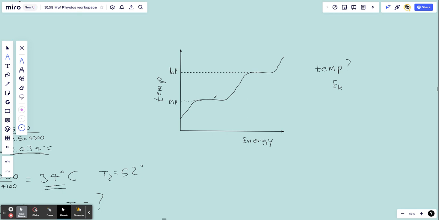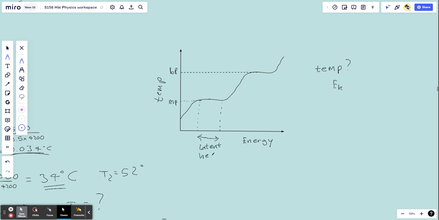And it actually starts increasing, as you can see, once it's melted, and then it starts increasing again once it's boiled. So it would seem that a certain amount of energy is required to melt it, and a certain amount of energy is required to boil it. We can call this energy here the latent heat.